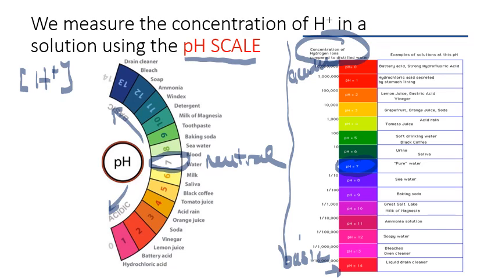So pH 7 would be considered 1, because that's what we're comparing it to. And as we go more acidic, notice what's happening to the hydrogen ion concentration. We have 10 times as many hydrogen ions as water, 100 times, 1,000 times, 10,000 times, etc. So every time we go down 1 pH unit, we're going up times 10 in the hydrogen ion concentration.